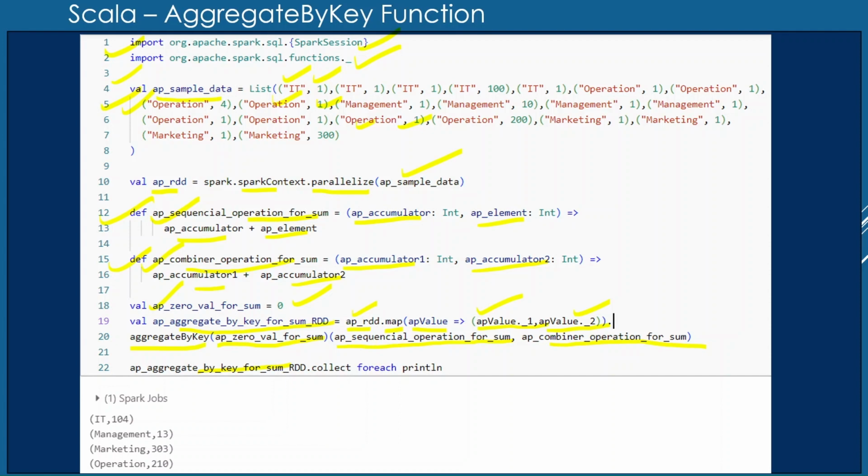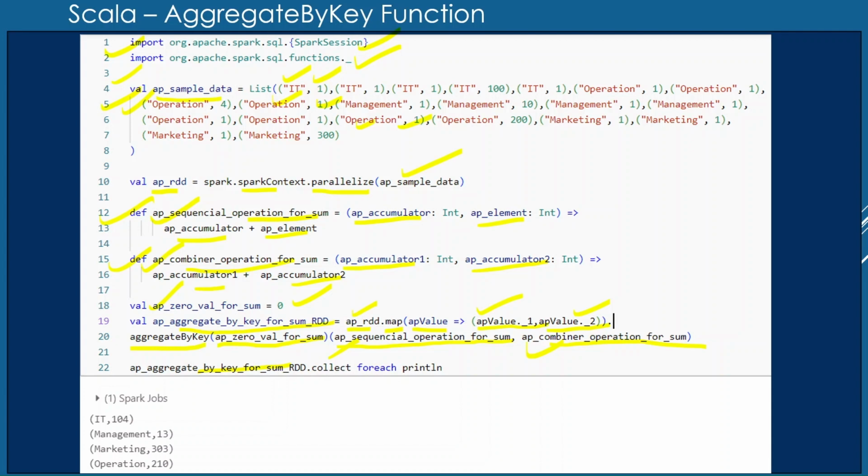It will first divide the data into different partitions based on the key, and on each key it will call these two functions. In these two functions, the sum aggregation will happen on a per key level.